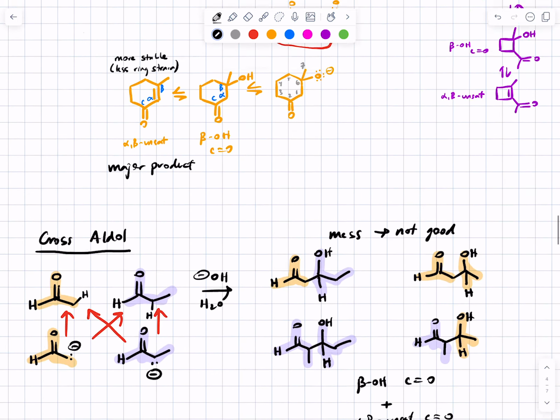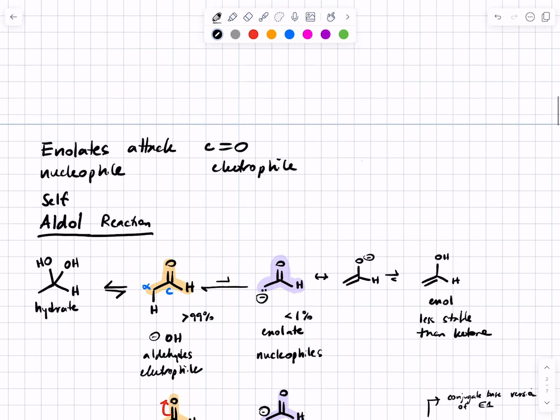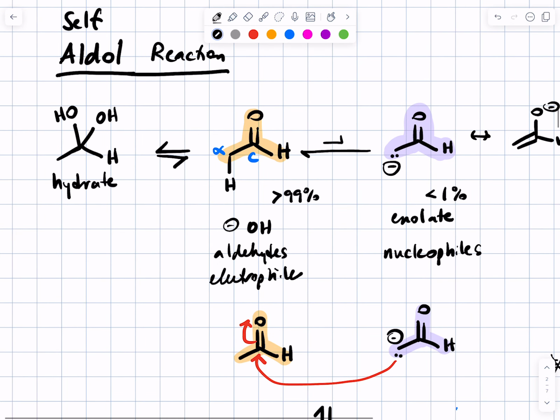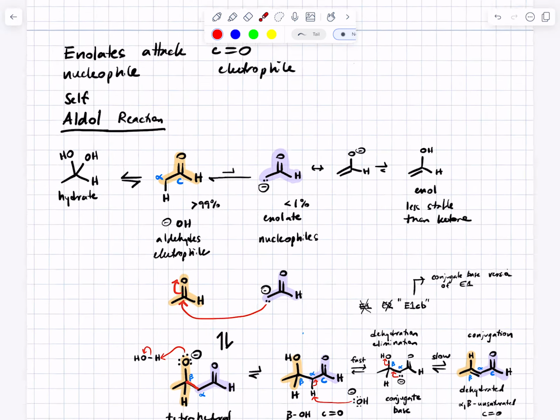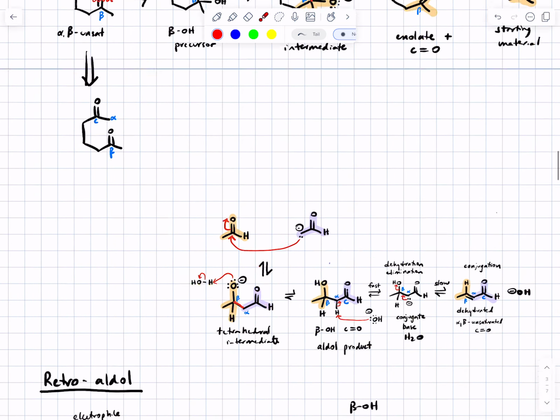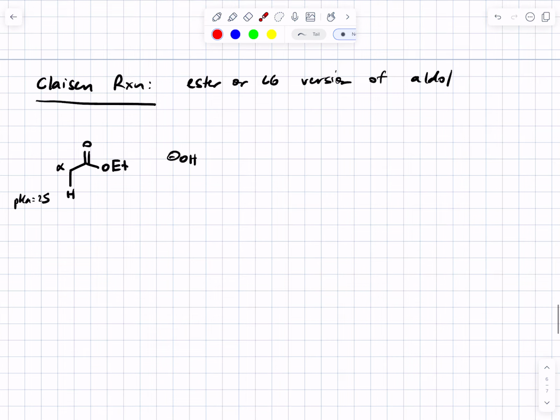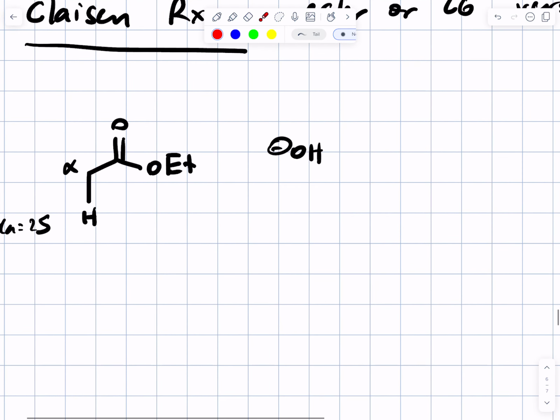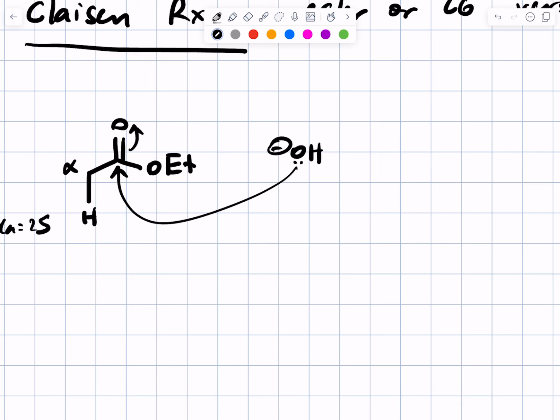Scrolling back to the aldol, do you remember I said when we used OH minus, we would form some of this hydrate, but there wasn't anything that could happen to it. We get the hydrate if the OH minus attacks the carbonyl carbon. Now, fast forwarding down to the world of esters, what happens if OH minus attacks the carbonyl carbon instead of the alpha proton?